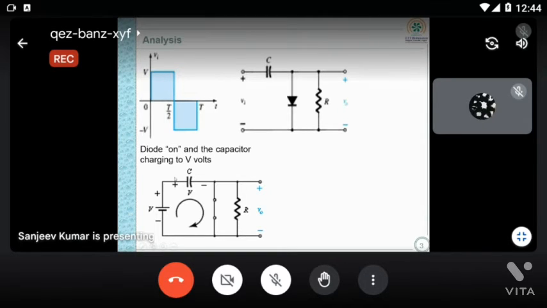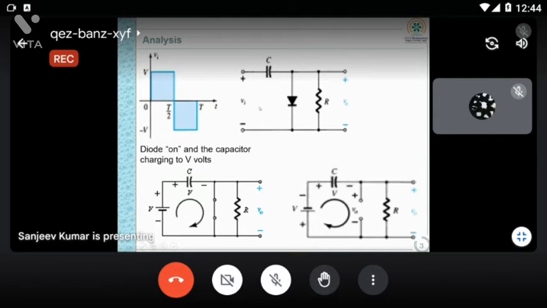So first condition, the capacitor should be charged. For this, the diode should be in forward bias condition. So at that time the circuit will be complete, the internal circuit will be complete, and the capacitor will be charged up to V volt.